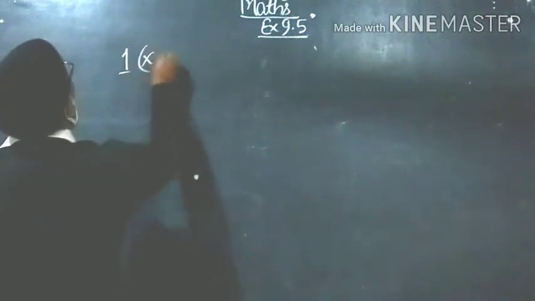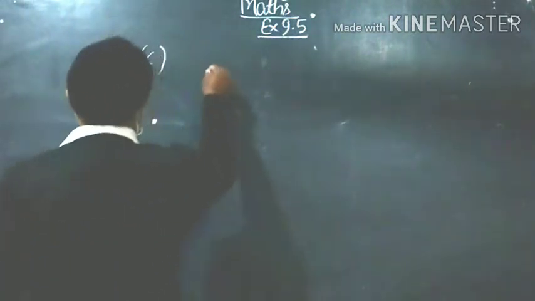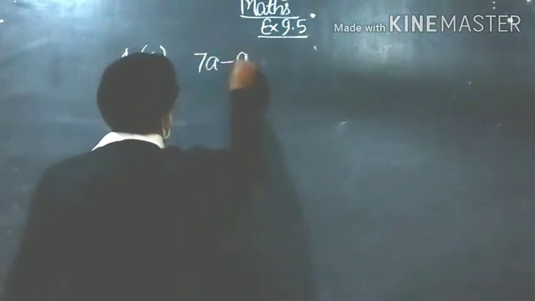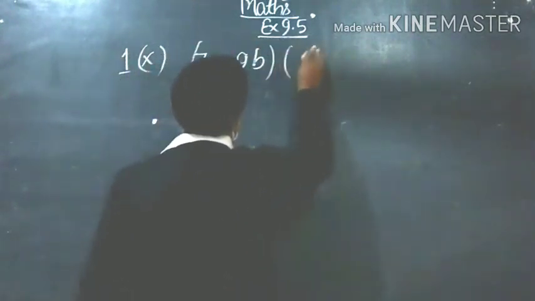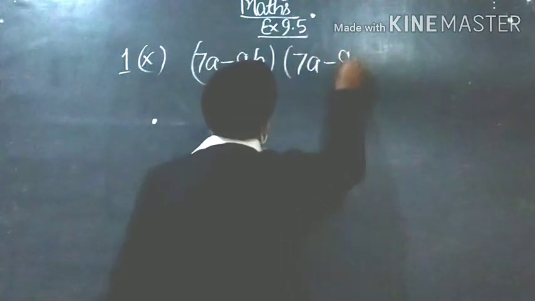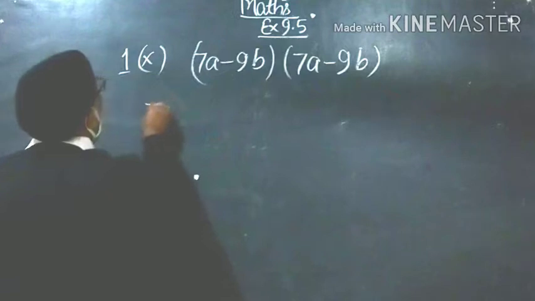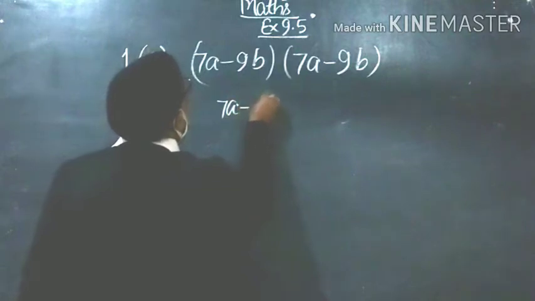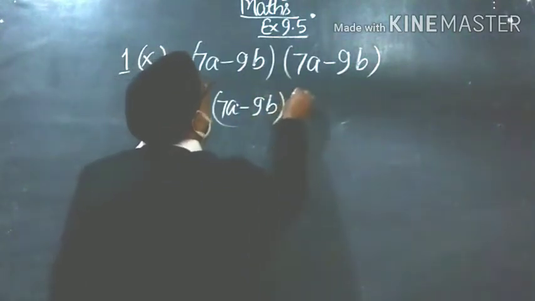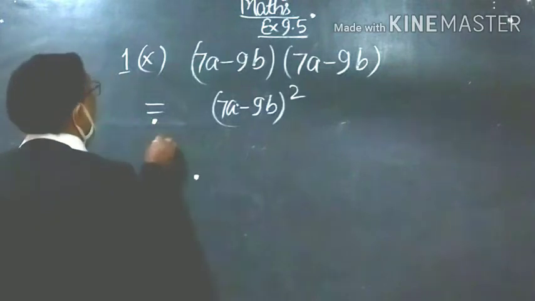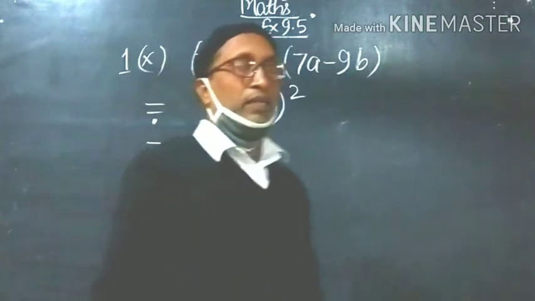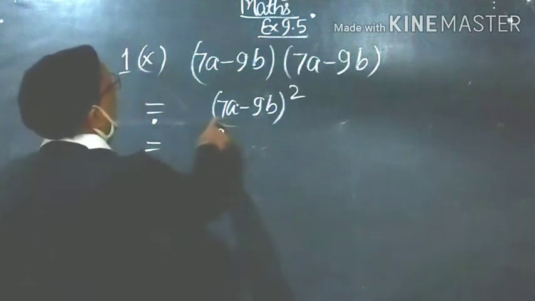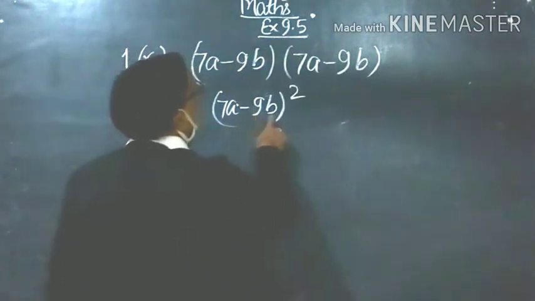You find out the product of (7a minus 9b) into (7a minus 9b). First you write it in the form of an identity, (7a minus 9b) whole square. Then you apply the identity (a minus b) whole square, where a is 7a and b is 9b.